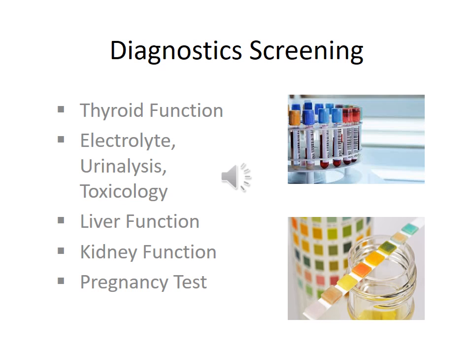Thyroid functions: remember that a hypothyroid person is going to be depressed, tired, gaining weight, things like this. A hyperthyroid is going to be bouncing off the walls. You could be thinking they're bipolar if they have a thyroid issue. So we're going to do a thyroid function test just to be sure.